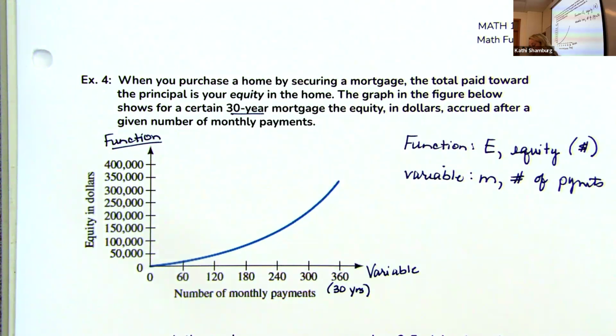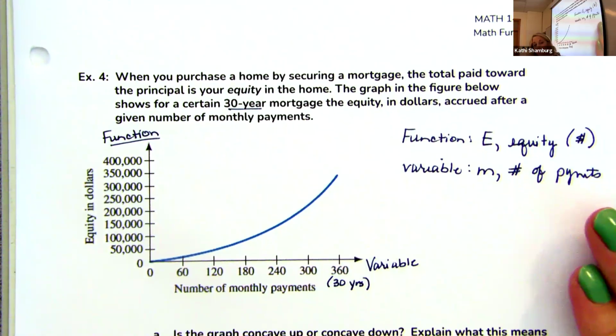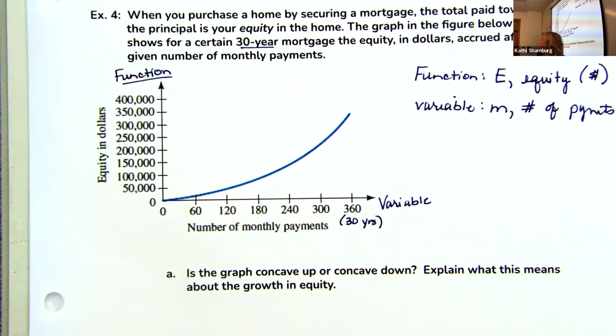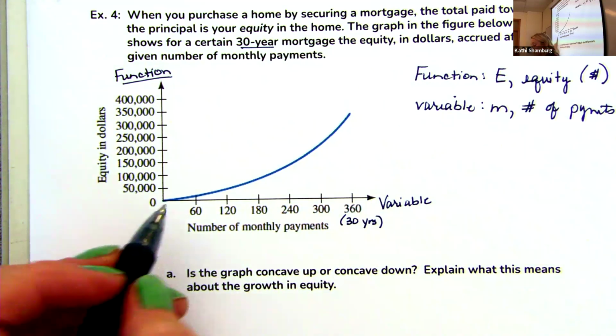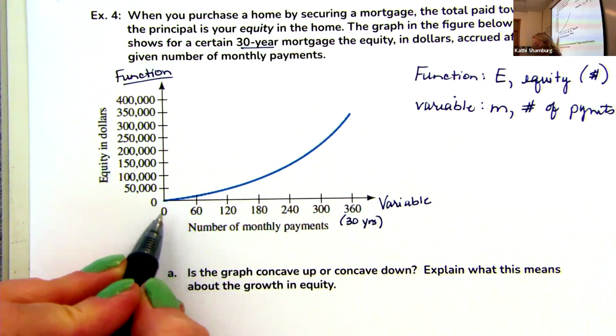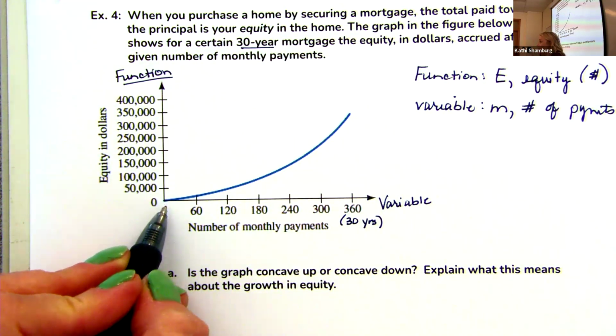Okay. All right. So this is how you read this graph. When I purchase this home, I don't have the purchase price, so I go to the bank. Notice it's at zero. I've not made any payments, and it appears that I'm getting a loan for the full amount.